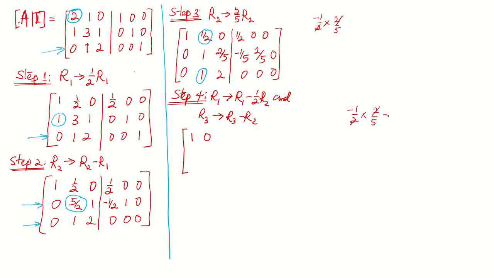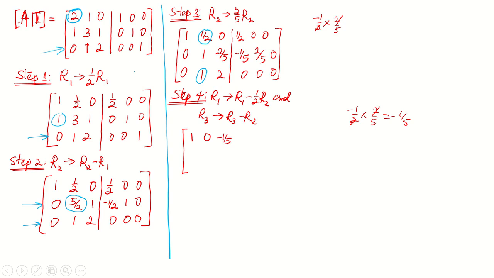Our answer becomes minus 1 over 5. So 0 minus 1 over 5, we give plus 1 over 5 rather. Okay, 0 minus, that is minus 1 over 5. Are we adding or subtracting? It says R1 minus 1 over 2 R2. Okay, we are subtracting, so that's going to be minus 1 over 5.